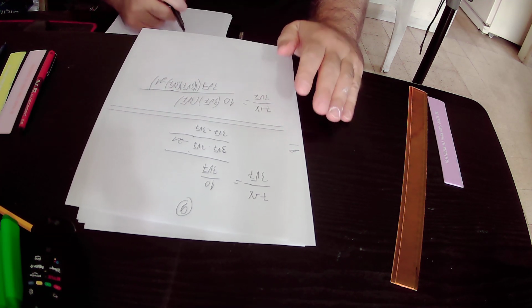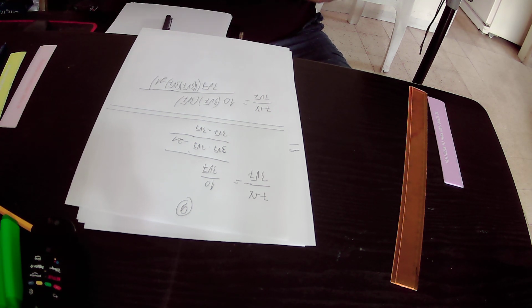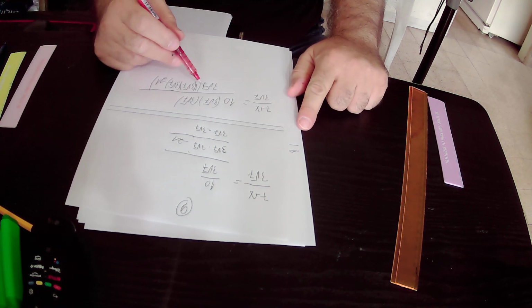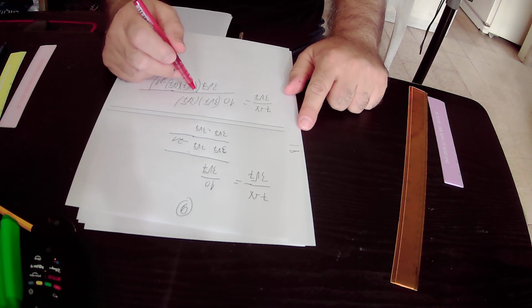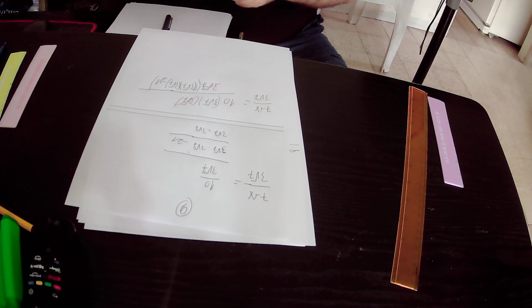Okay, so here we have 3 times root 7 in the numerator and 3 times root 7 in the denominator, so we can cancel 3 times root 7. What is left after we cancel?